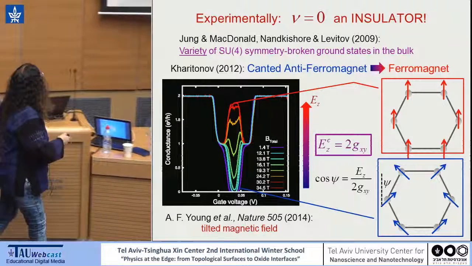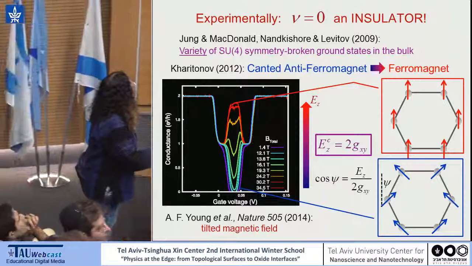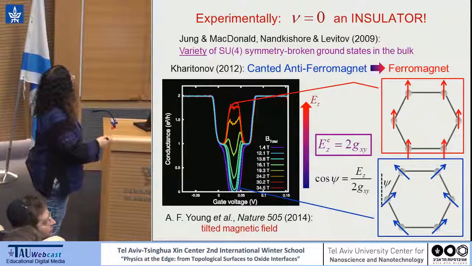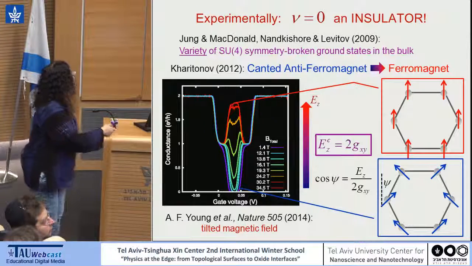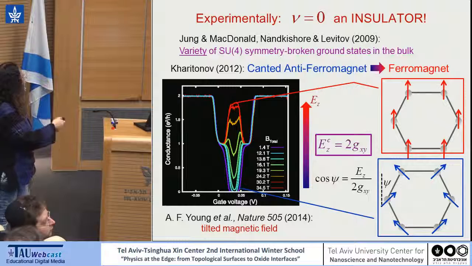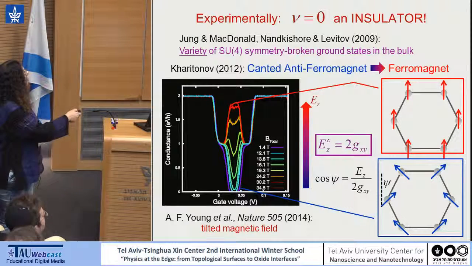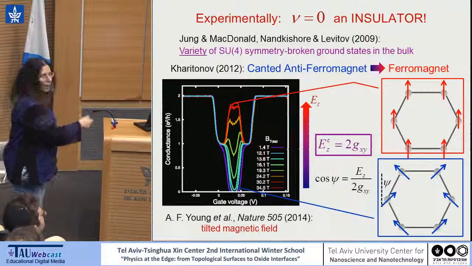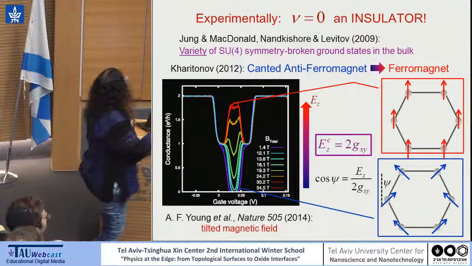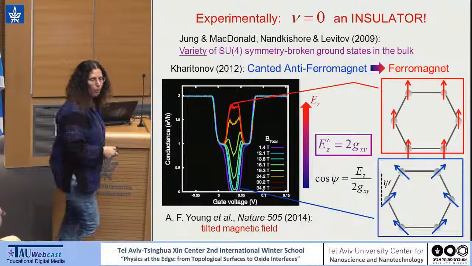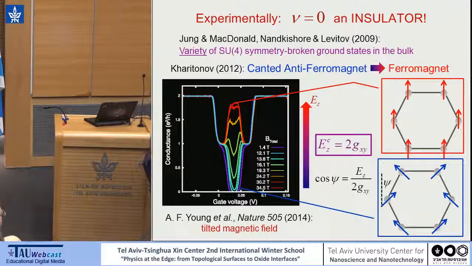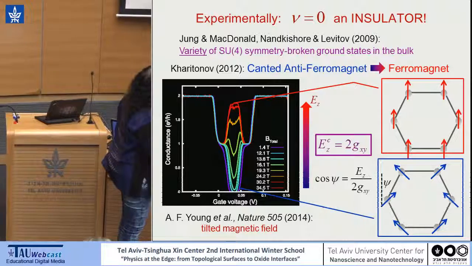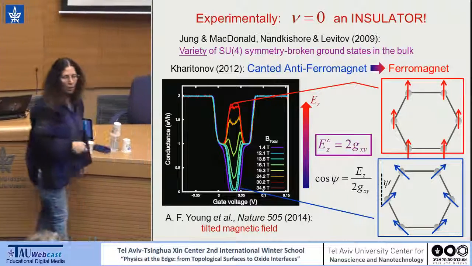And they saw that when you increase the tilt angle or the total magnetic field, the two-terminal conductance changes from 0 to a plateau that is close to, but slightly below, the perfect conductance of 2e squared over h. So this appears to be consistent with this picture.